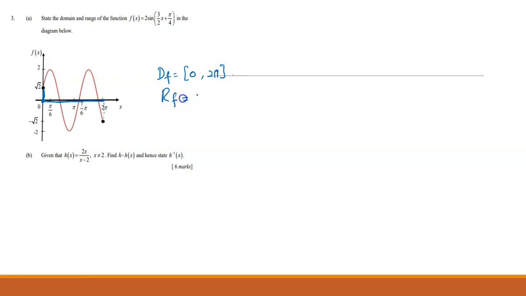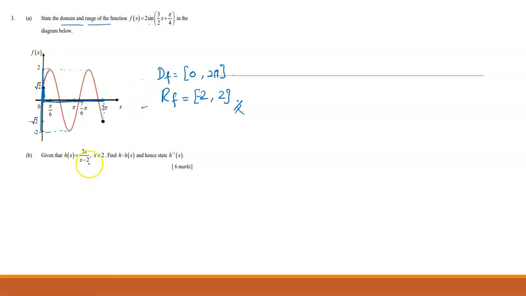And the range of this function, look at this one here, the value of y is from negative 2 until 2. Okay, so this is it. State the domain and range of this function according to the diagram here. So this is the answer then.